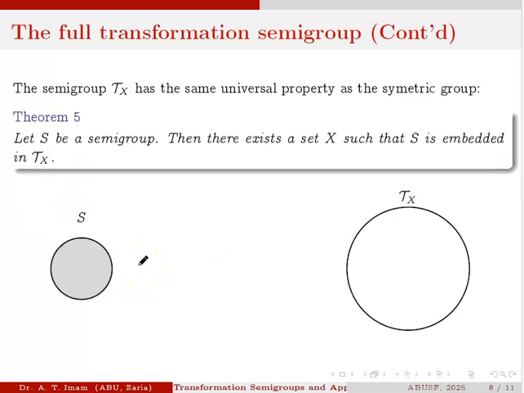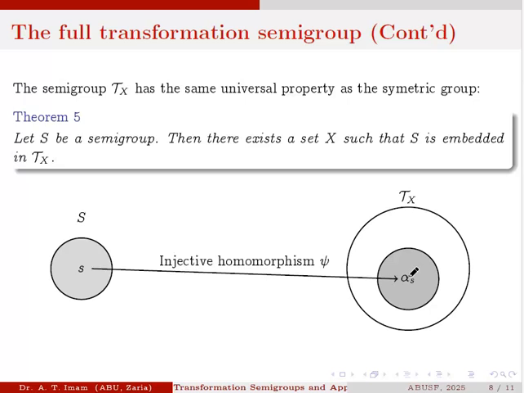So this is how it is happening. You have a semigroup given, and then you can always find a set X so that the full transformation semigroup will contain an isomorphic copy. So there will be a copy of S inside here, which means every element of S can be identified with an element in this portion of the full transformation semigroup via an injective homomorphism.